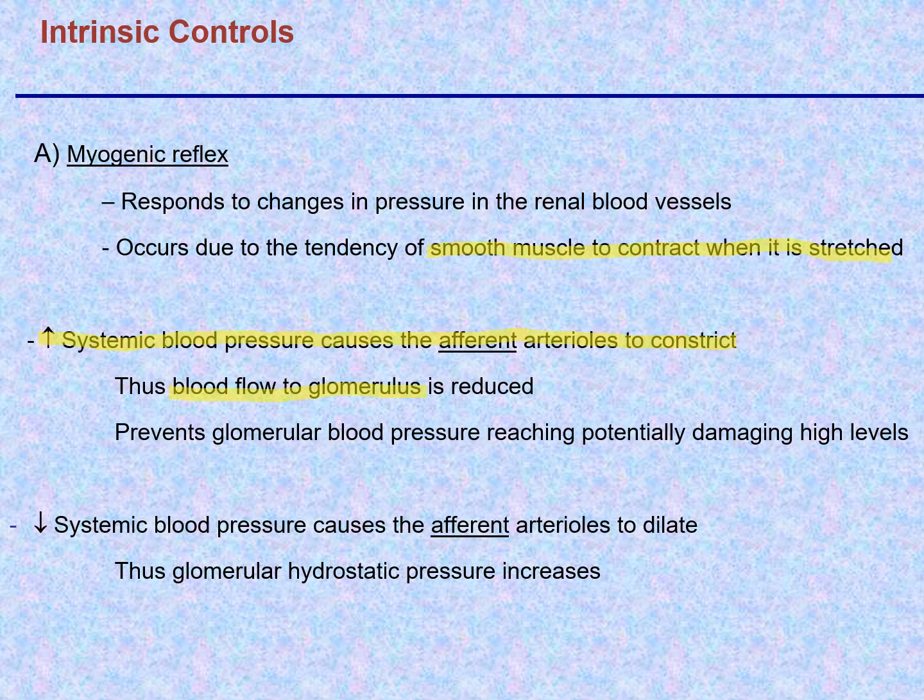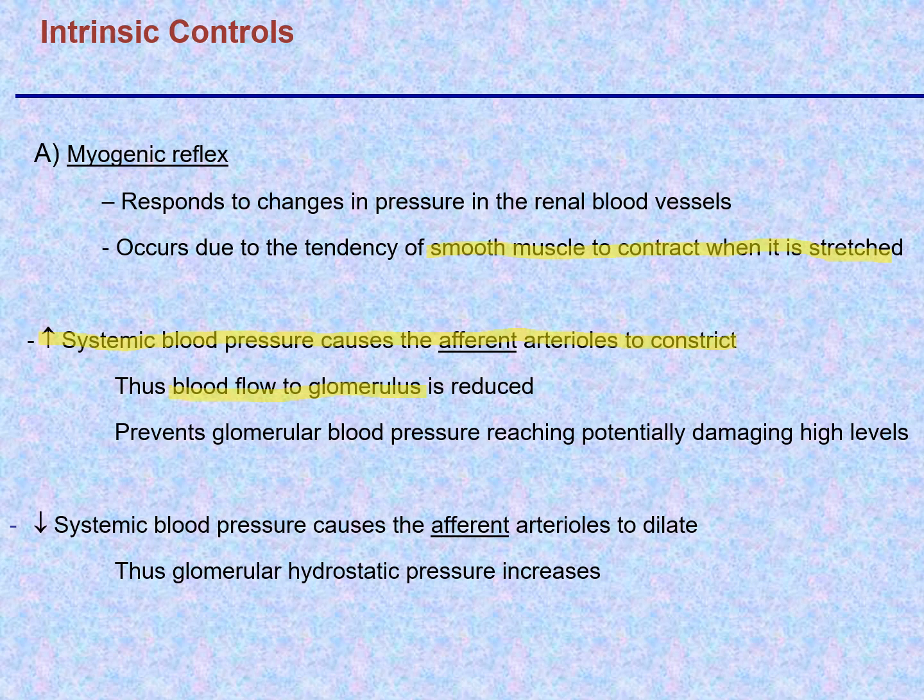Remember, if afferent arterioles are too wide and feeding in blood, the blood flow is easily going into them, and the pressure inside the glomerulus is too high, then you'll get an abnormally high glomerular filtration rate, and you'll start losing important molecules out into the urine. So this myogenic reflex is one way that controls that. If the pressure is too high, you get afferent arterioles constricting.